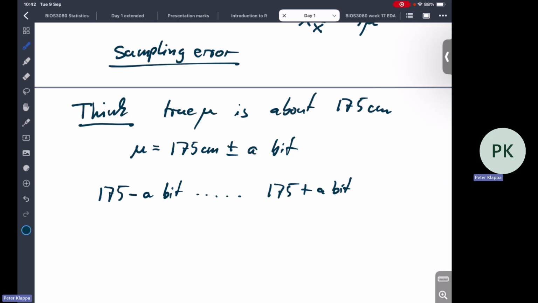If, for example, a bit is 10 centimeters, then we would say 175 minus 10 and 175 plus 10.